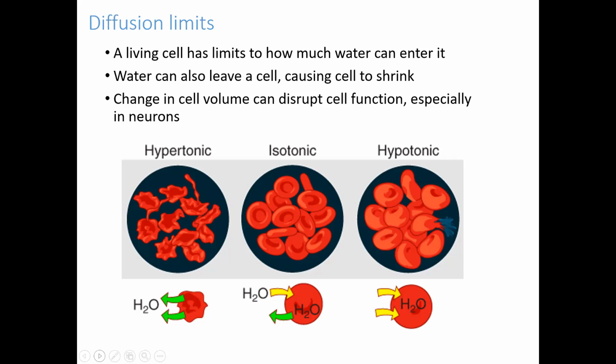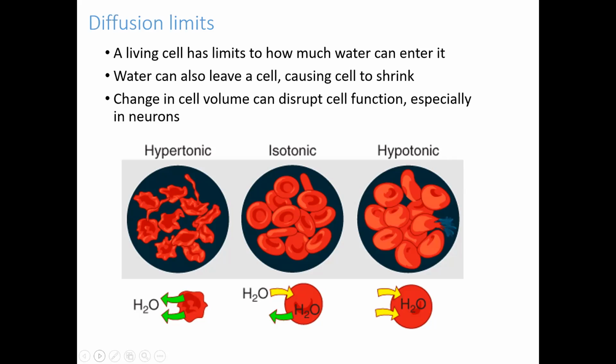So water will leave the cell, because if we were to take a living red blood cell and place it in a 10% salt solution, which is 10 times greater than normal for the cell, the cell will respond by sending water out of the cell contents, and it will shrivel up. It will crenate.